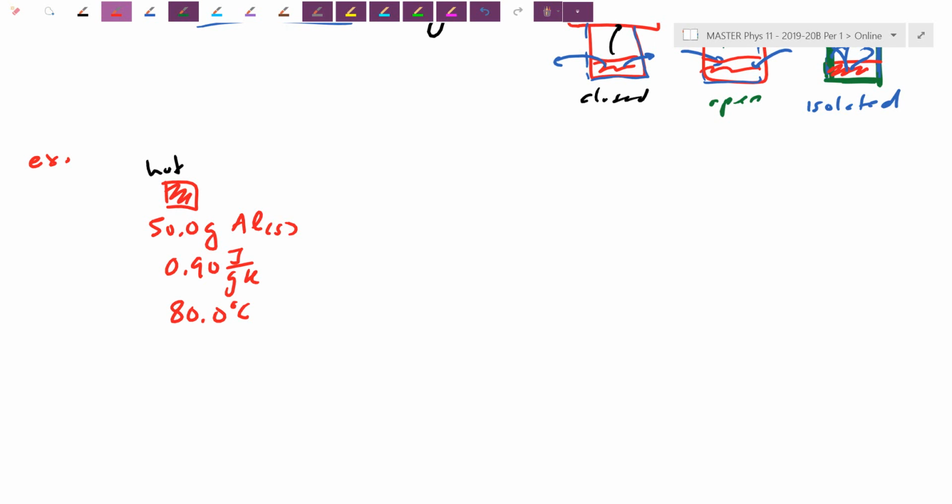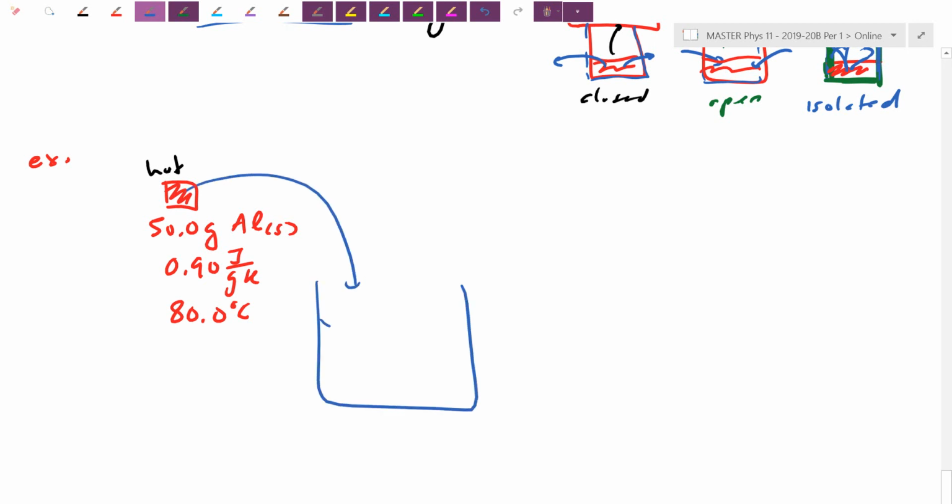In the chemistry context, maybe it's a chemical reaction that heated it up, but in this case it's more simple. We just say this block happens to be hot. What we're going to do to cool this down is drop this hot object into some water. Let's say this is my mug of water again, 250 milliliters, which I know for water is 250 grams. Again, mils is grams only for water.